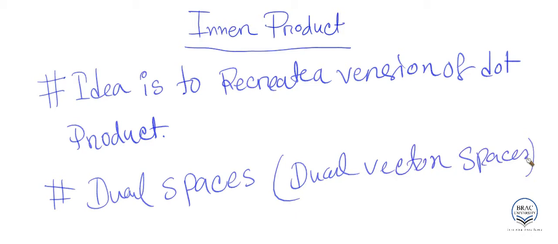So first let's talk about dual vector spaces and then we'll move forward to inner products. So the idea of dual vector spaces is the following. So let me just write dual vector space.